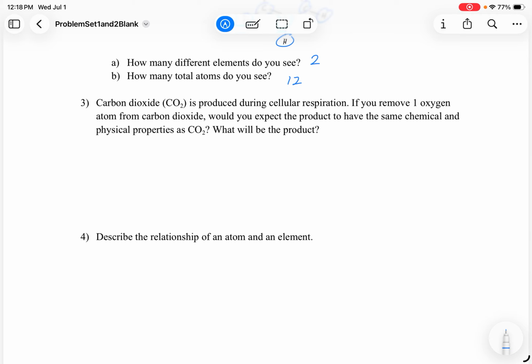The product will not have the same chemical and physical properties as carbon dioxide. Since we remove an oxygen atom, the molecular weight will change and be lower in the product than in carbon dioxide due to its removed oxygen. We exhale carbon dioxide, but the product from removing an oxygen atom is toxic.